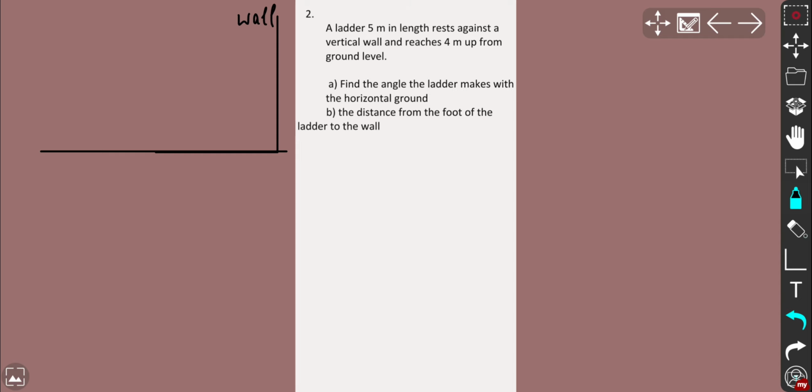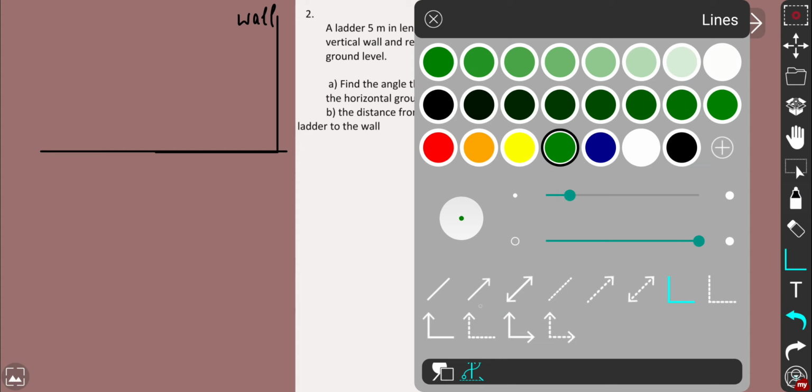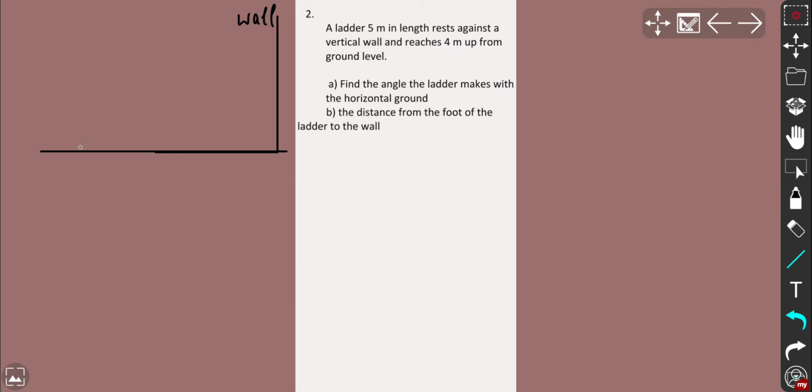This is the wall, and here is the ladder. I'll use green color for that.